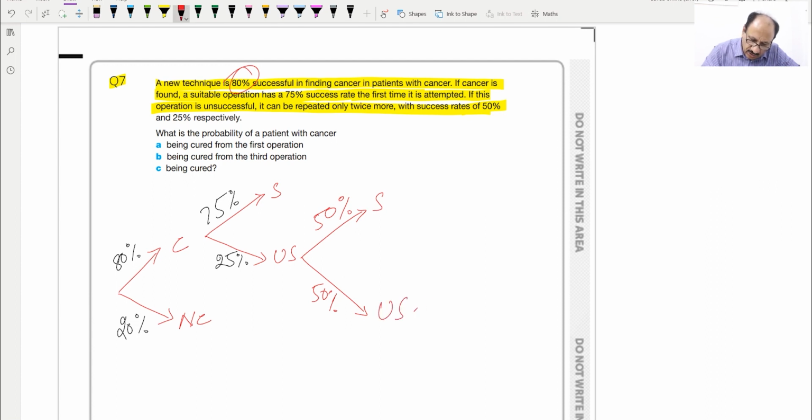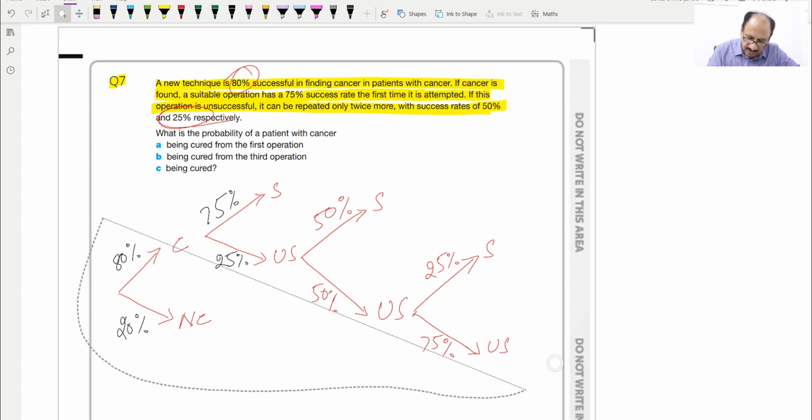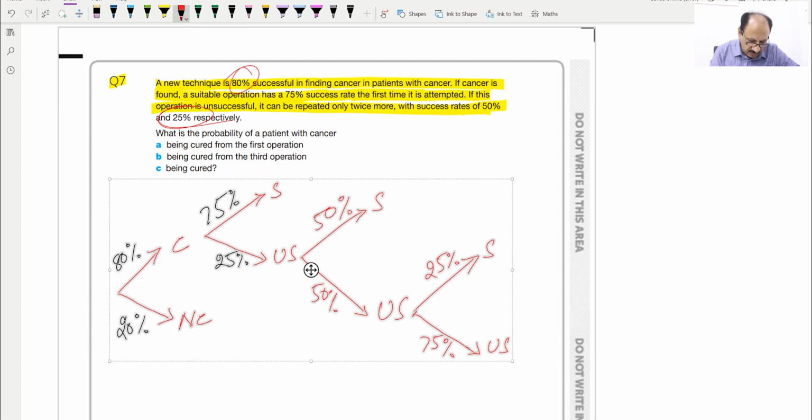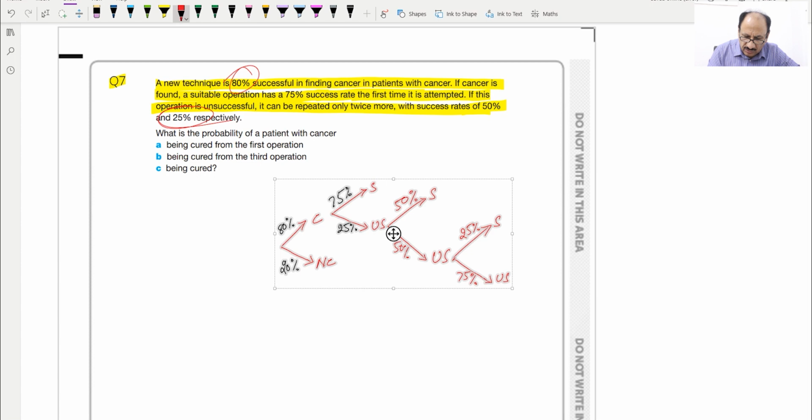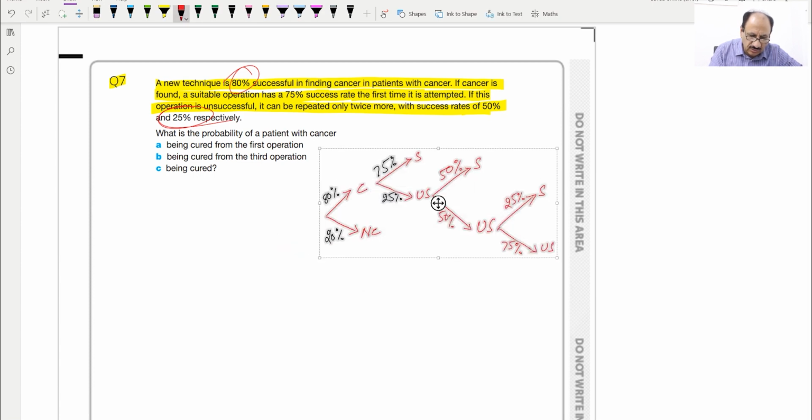So one more time we can apply this procedure, and the next will be 25%. So successful, unsuccessful, this will be 25%, and this will be 75%, and this will be our tree diagram which we will be following for our answers. And I'm just keeping it here for reference, and we can go through A part.